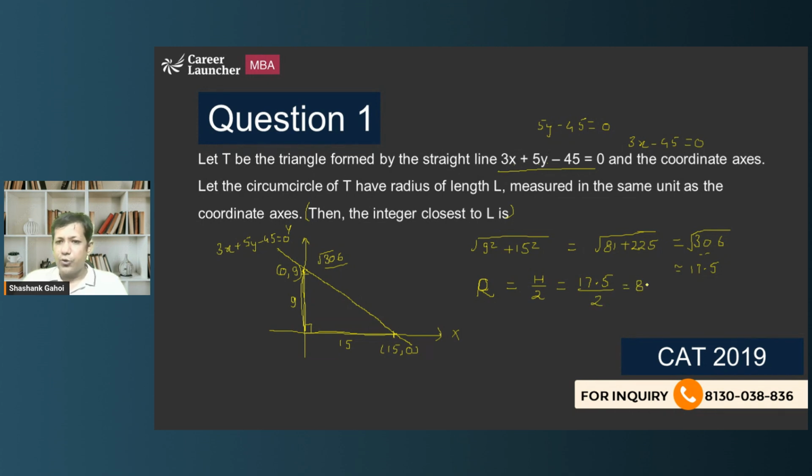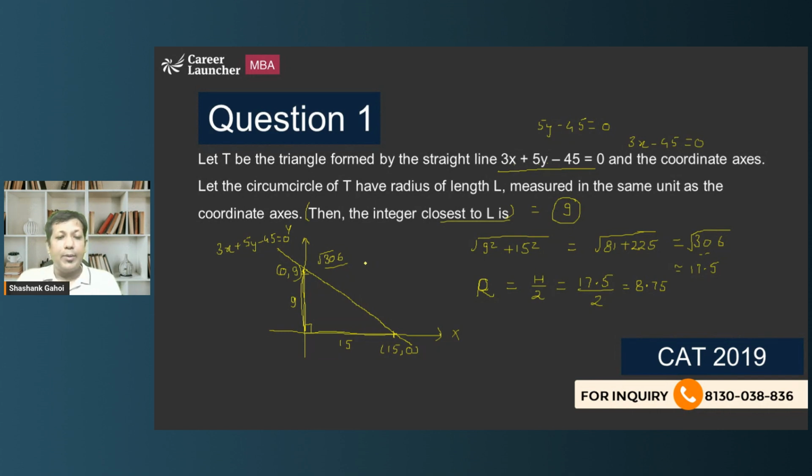So the value is close to 8.75 because the hypotenuse is close to 17.5. Which is the integer that is going to be closest? That is going to be 9. So the answer of this question is 9, and that's how we approach this question. For this, you must know that the circumradius is given by hypotenuse by 2.